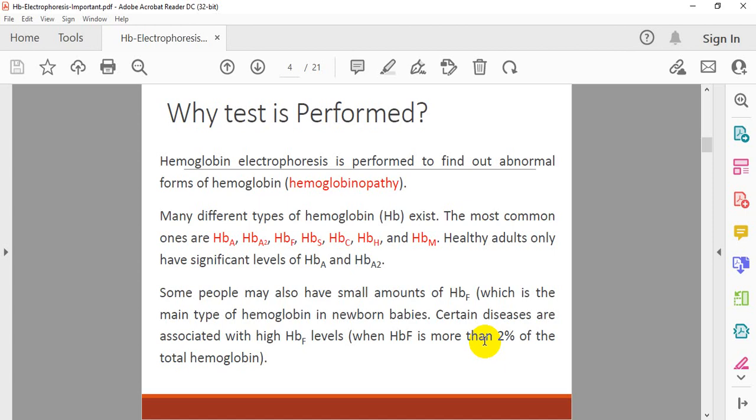So the fetus will have hemoglobin F, called fetal hemoglobin. Even up to 6 months after delivery, the baby will still have this fetal hemoglobin, but in a lesser quantity, a reduced proportion, during the neonatal period.